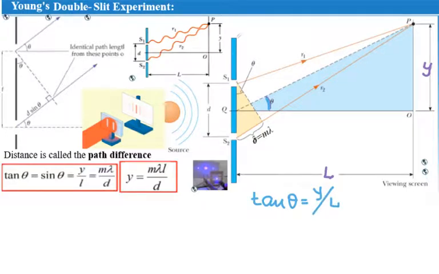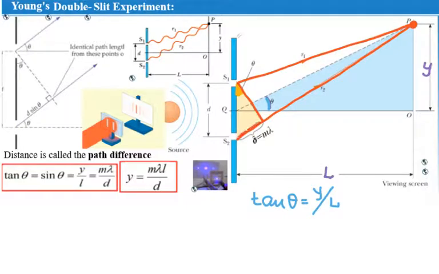And then in the yellow triangle you have also a very small angle. This bright fringe, I'm going to do it in red, appears only when the wave that travels the shorter distance is shorter by a number of wavelengths within this triangle.